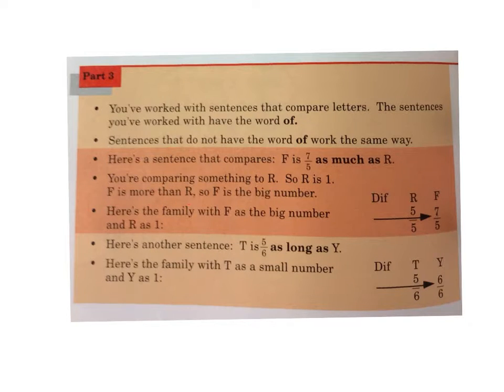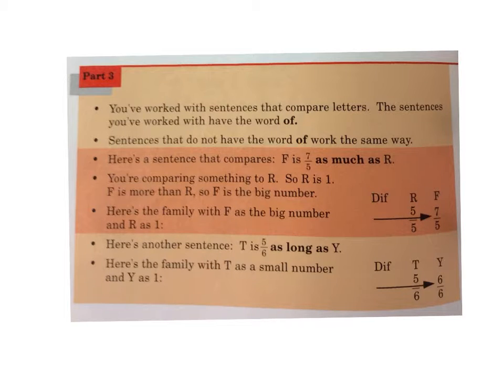F is more than R, so F is the big number. So here's the family with F as the big number and R as 1. Since the thing that we know is F, and we're comparing it to R, when we're comparing something to a letter, the letter that is being compared to is 1.